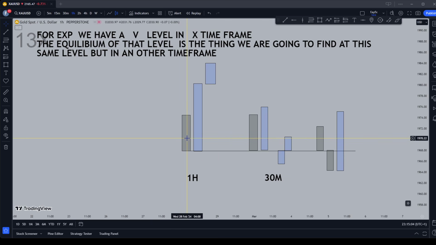We have a V level in 1 hour time frame, and something within it. We have a V level within this first V level of 1 hour, or we have a gap level within a V level, or a gap breakout level within a V level.